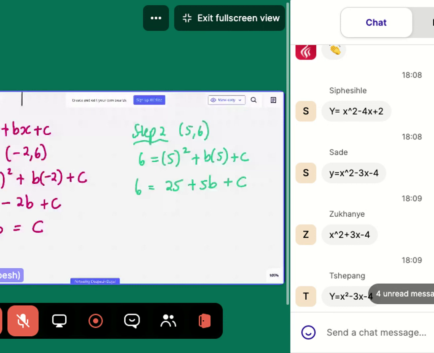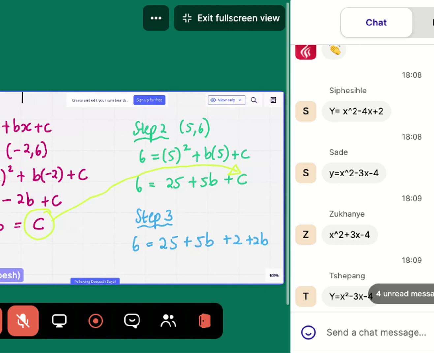And we have c, so we can take our c and plug it in. Okay, so c, plug it in. And we're then going to get step 3 where we plugged it in, which is 6 equals 25 plus 5b plus 2 plus 2b.